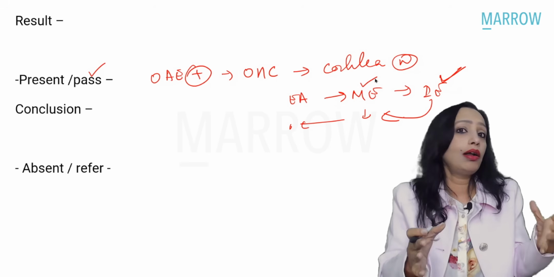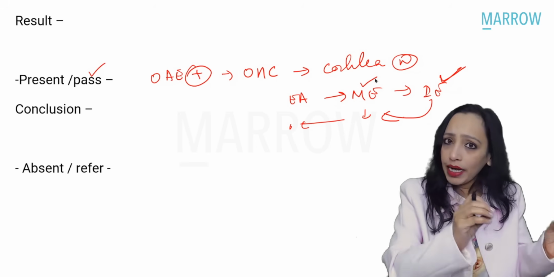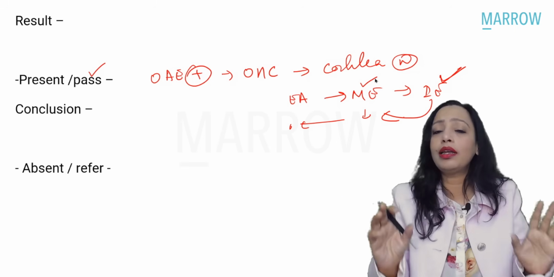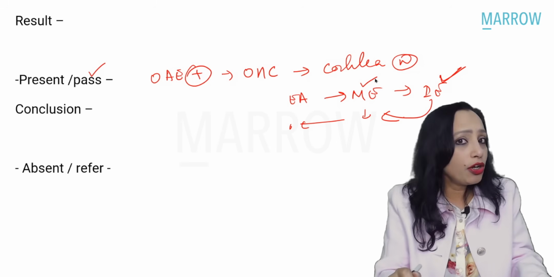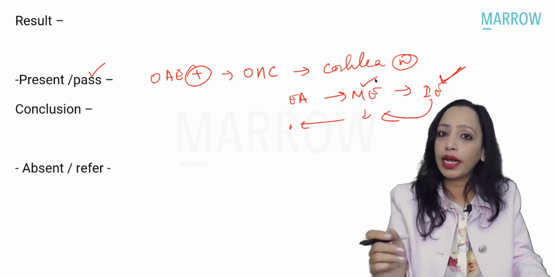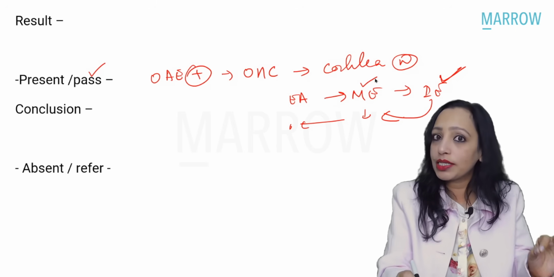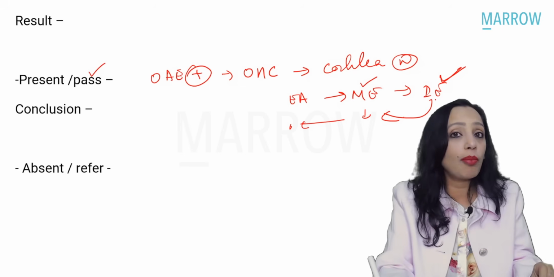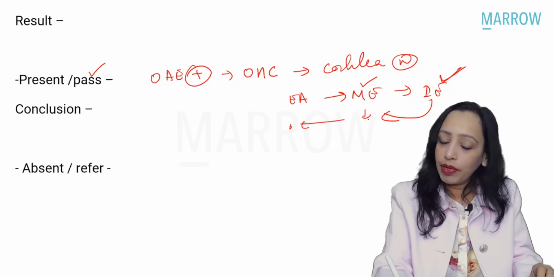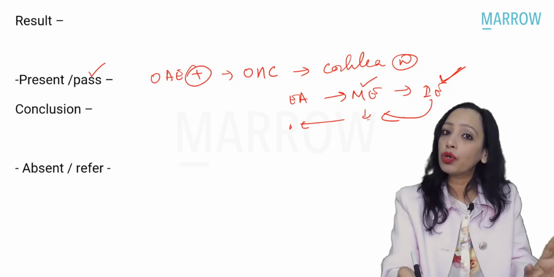Had the middle ear not been normal, and if the sound was not able to reach the inner ear, in spite of the inner ear being normal, we wouldn't have been able to get any response. So in the otoacoustic emission, if it is present, it indicates not only that the cochlea is normal, it also indicates that the middle ear is normal, the external ear is also normal.